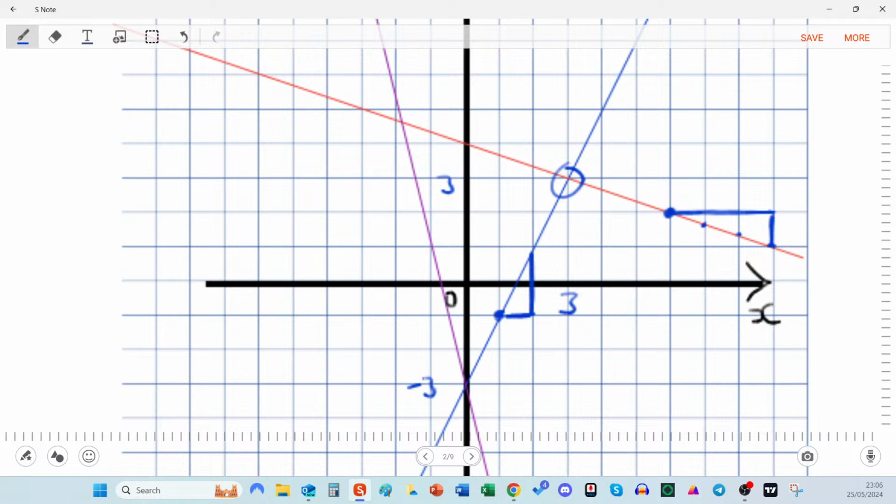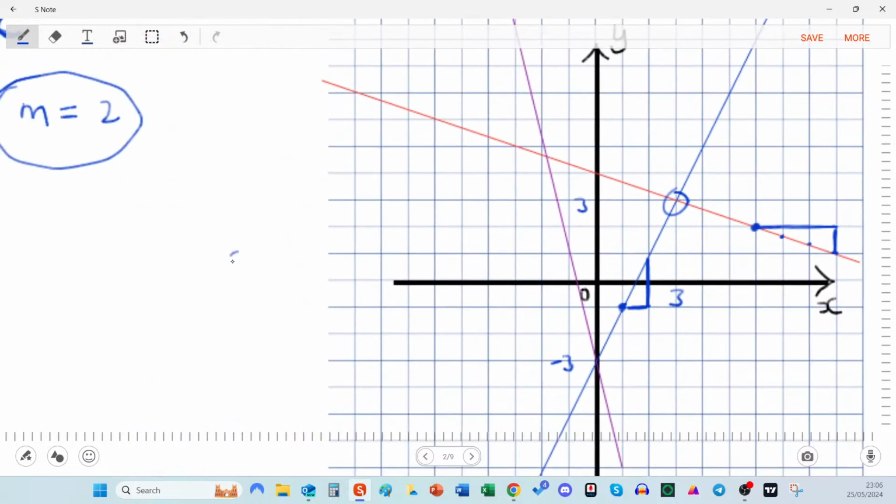But if we want to be a bit more sophisticated, we can look at the gradient as the difference in y divided by the difference in x.